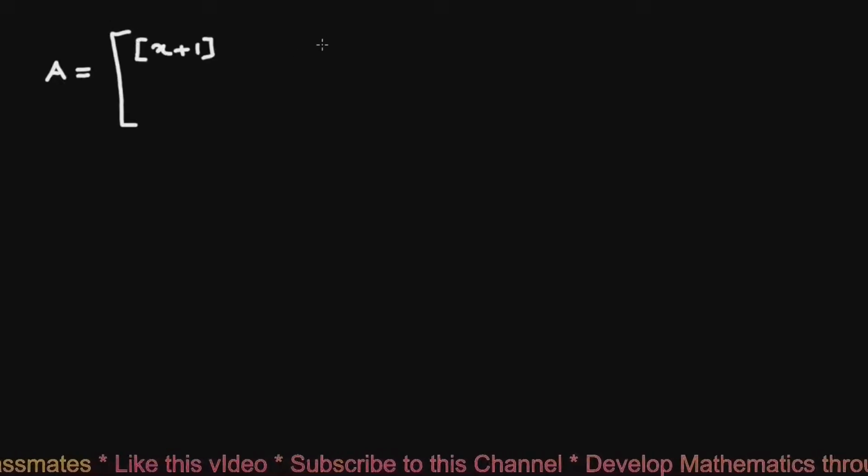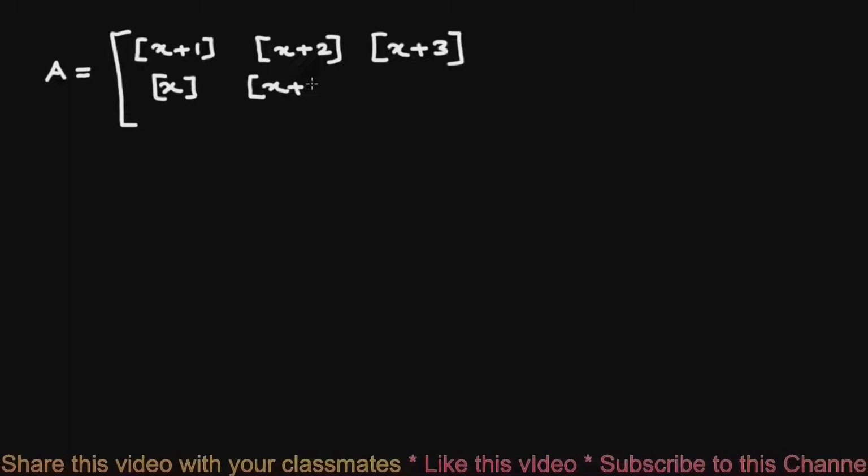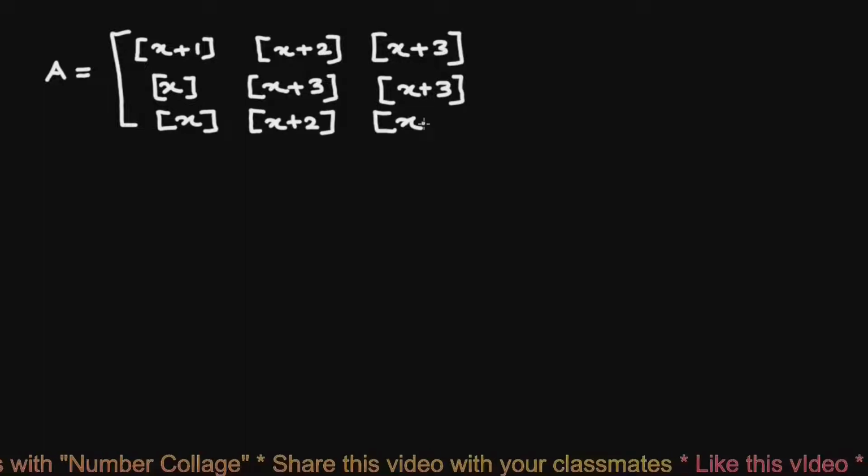In the next question, we are given a matrix with entries greatest integer function of x, x plus 1, x plus 2, x plus 3, x plus 3, x plus 3, x plus 2, x plus 4.